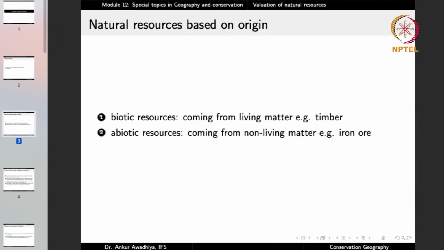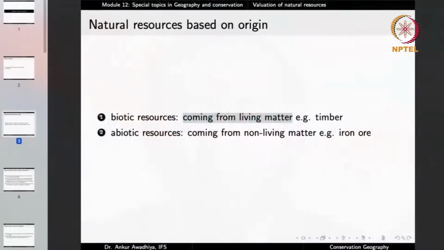And we have observed before that natural resources are of several kinds. Based on origin, we can have biotic or abiotic resources. Biotic resources are those that come from living matter, such as timber or products from wildlife, or things like honey or non-timber forest produce, medicinal plants. These are all biotic resources because they come from living matter.